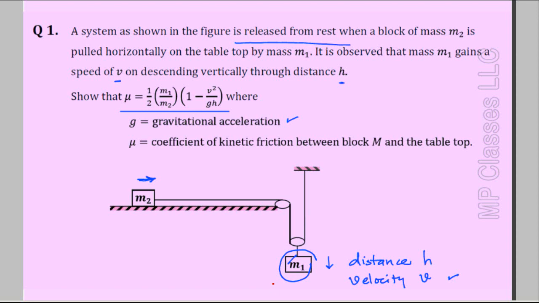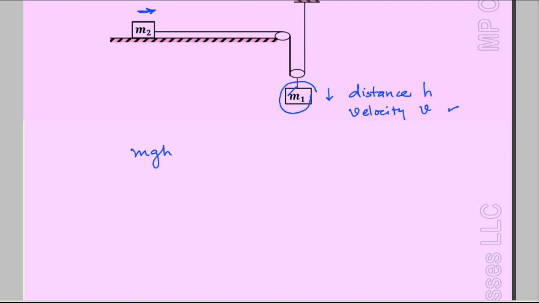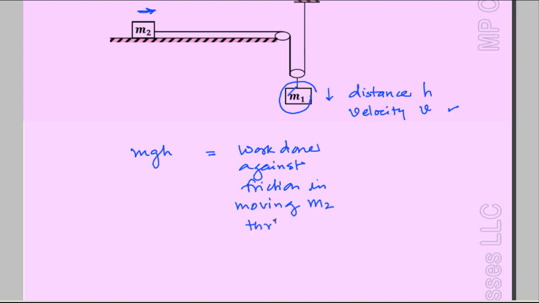So a very important thing to observe is that the initial potential energy, mgh, is equal to work done against friction in moving M2 through a distance, and I don't know this distance, so I'm simply saying through distance d, plus the balance of kinetic energy, which is 1/2 mv square.